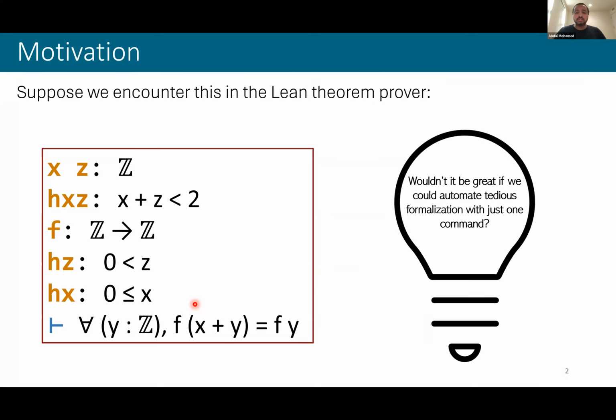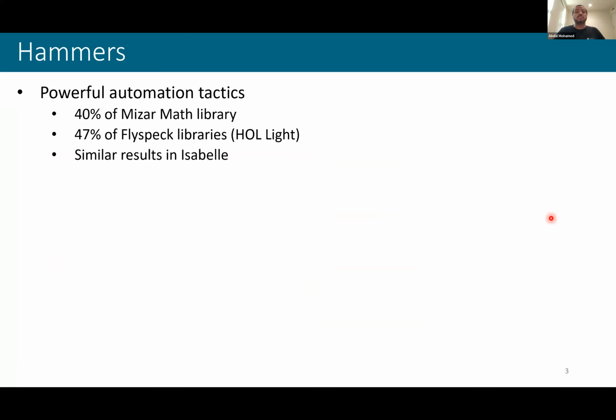Any questions? Okay. And for that, there is a set of tools that have been known in other theorem provers that have been very successful in dealing with these kinds of problems, and those tools are known as hammers. So a hammer is basically a powerful automation tactic. It's been very successful in other theorem provers. In particular, we see that 40% of the Mizar math library was proven by those automation tactics.